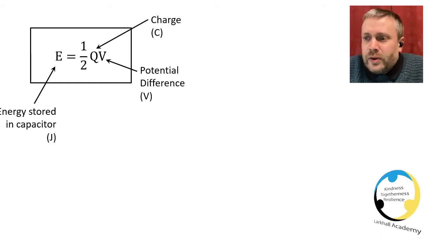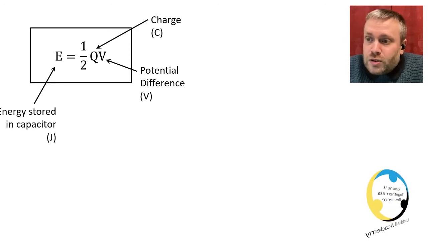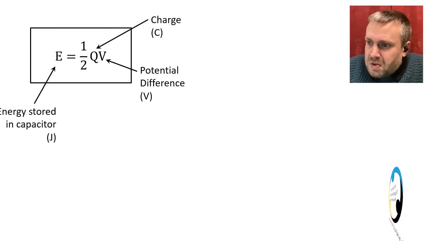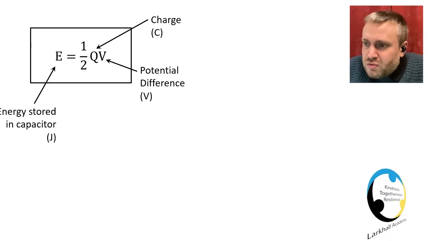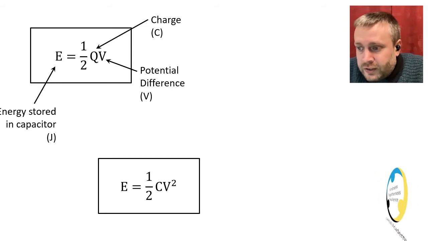We have another equation that we've just thrown at you just a few minutes ago, which links Q and V together. So what we can do is plug in some of those equations, rearrange them a wee bit, and we can come out with this equation here, E equals a half CV squared.